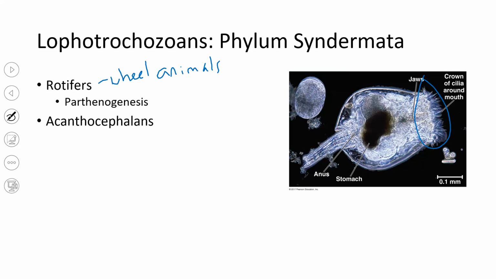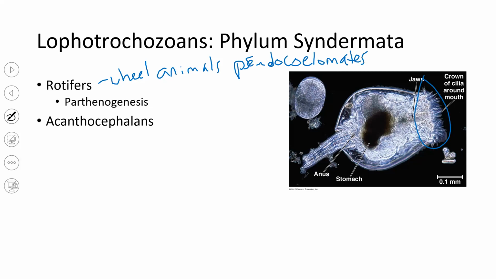They do have a true digestive tract. So they have a tube with a mouth and an anus. So this is their mouth and their anus. So they're just bringing that food in. They are pseudocoelomates. What does that mean? False coelom.